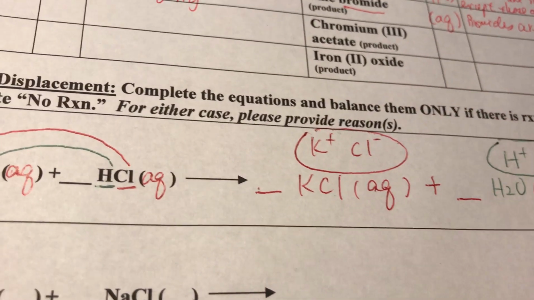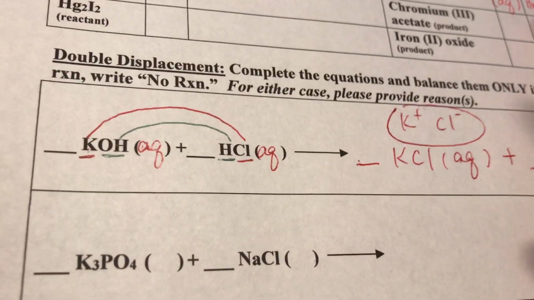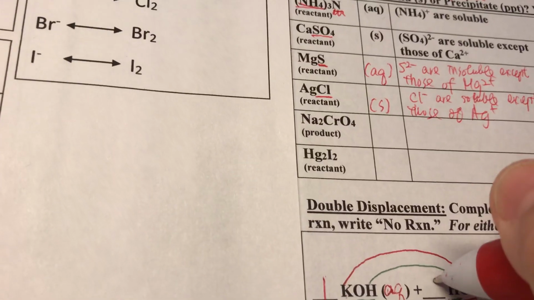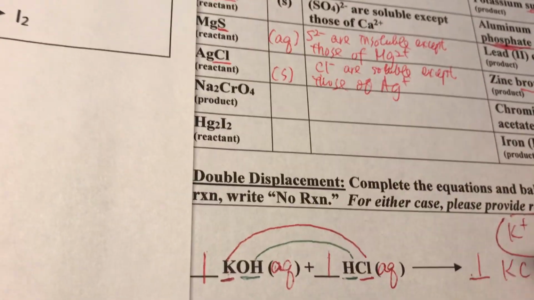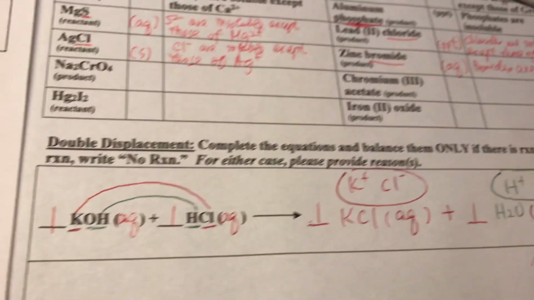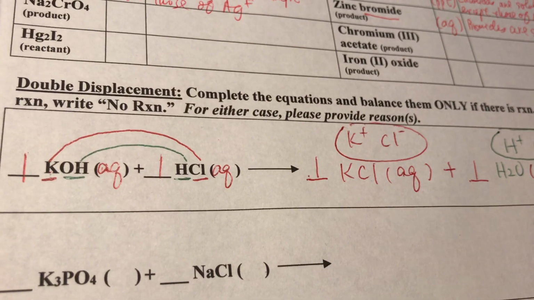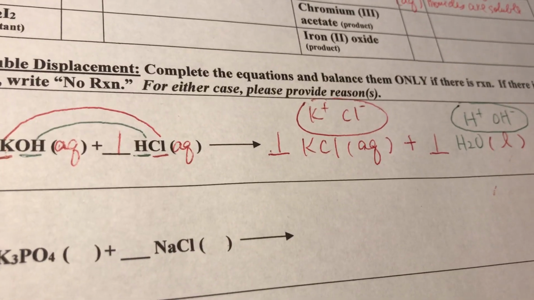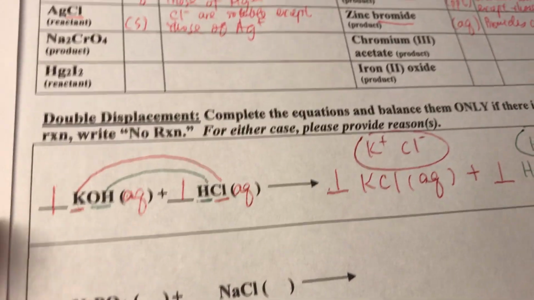Now since the reaction takes place, finally I'm going to balance the equation. After balancing, the coefficients will be 1, 1, 1, 1. Don't balance the equation until you make sure that a reaction takes place, because you don't want to waste time. If there's no reaction, I don't need you to balance the equation.